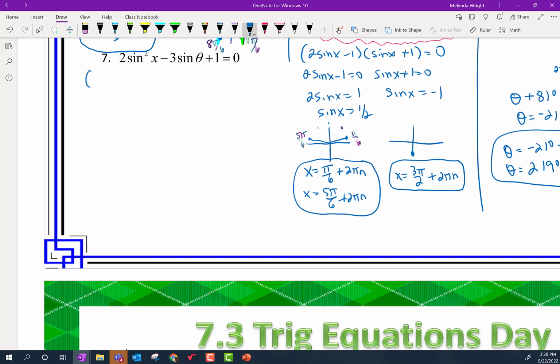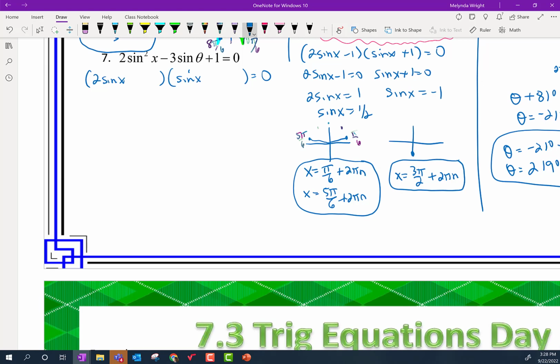All right, so here we go. Going to factor. So I'm not going to put the x's in there, but if you need to do that extra pink step, please do so. But I'm just going to write 2 sine times sine. The back sign is positive, so the signs have to be the same.